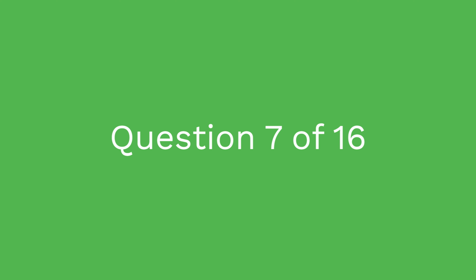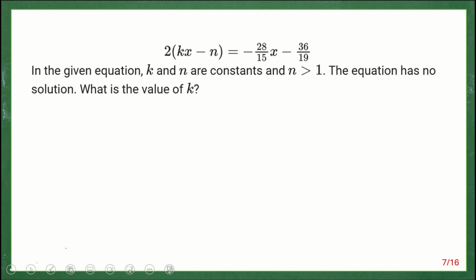Okay, now let's look into problem number 7 here. So for this question, we are given an equation where k and n are constant and the value of n is greater than 1. Okay, now furthermore, it is given to us that the equation has no solution. Okay, and we have to figure out the value of k.